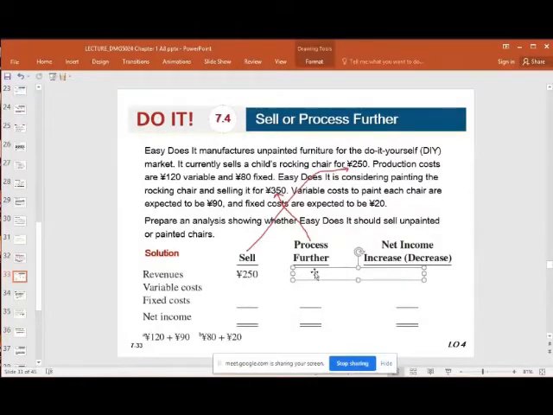Then when you process further, you are selling it at 350. So you will have a net income increase. Do you see 250 increase to 350? So this is a positive number because it increased. Revenue increase, net income also increase.